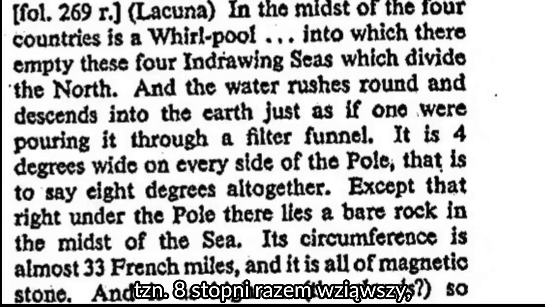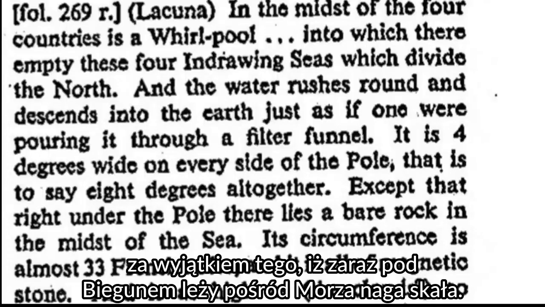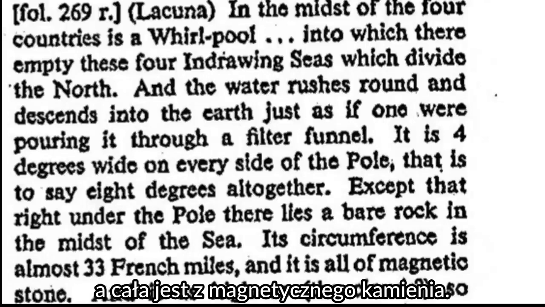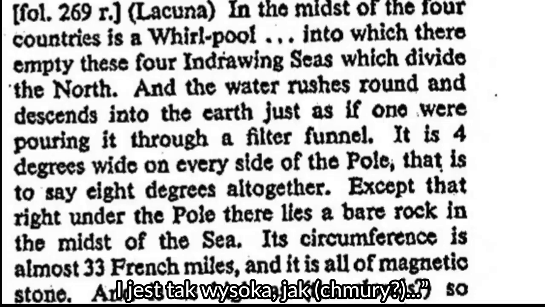That is to say, 8 degrees altogether, except that right under the pole there lies a bare rock in the midst of the sea. Its circumference is almost 33 French miles, and it is all of magnetic stone, and is as high as the clouds. It is black and glistening.